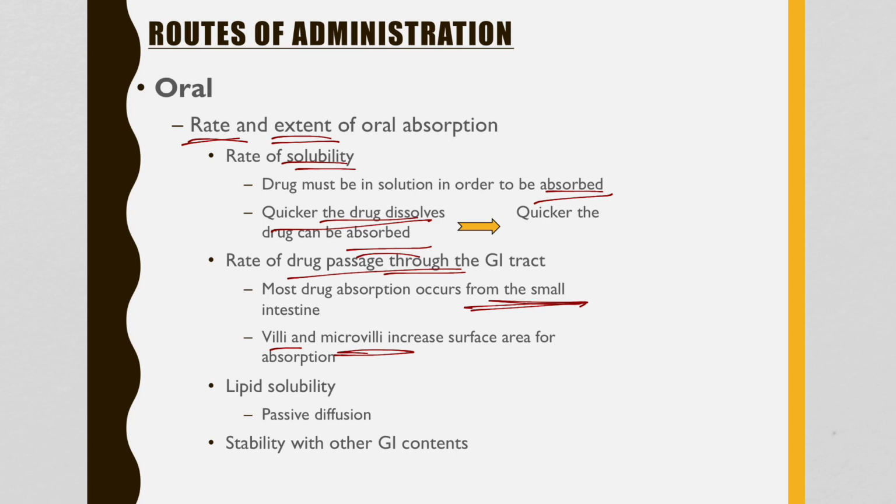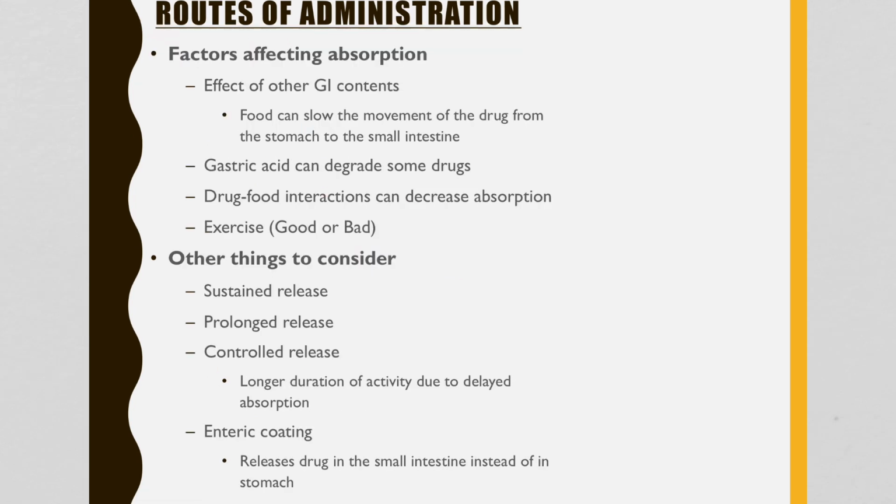And then again, with the GI content, just remember that if in fact a drug is allowed to sit, it can either become inactivated or absorbed by the GI tract. Now, there are other factors that affect absorption. So we talked about the effect of other GI contents.